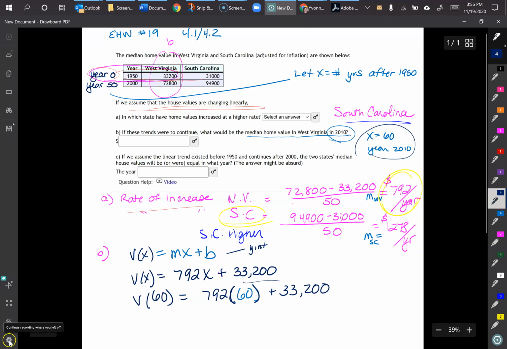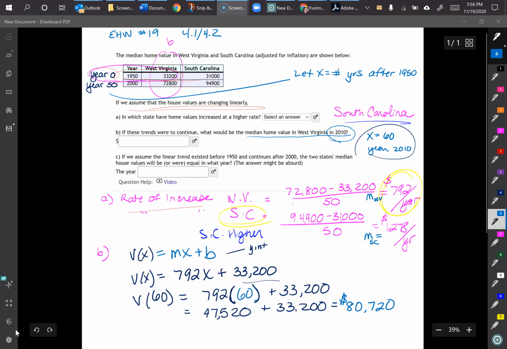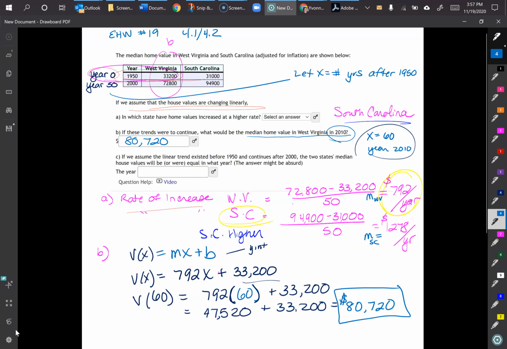Then you can calculate out what that is. I just crunched those numbers while I paused the video and got $80,720. And that is the answer for part B. That's what we would predict, or now we're going back in time because it's 2010, that the median home value was for West Virginia.